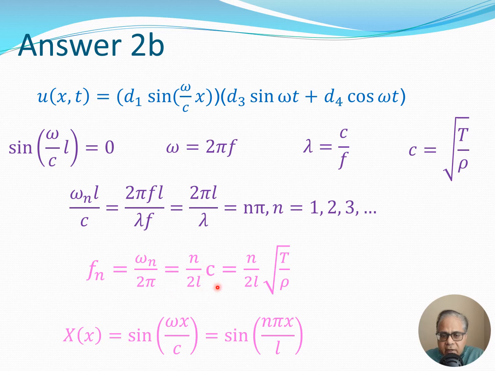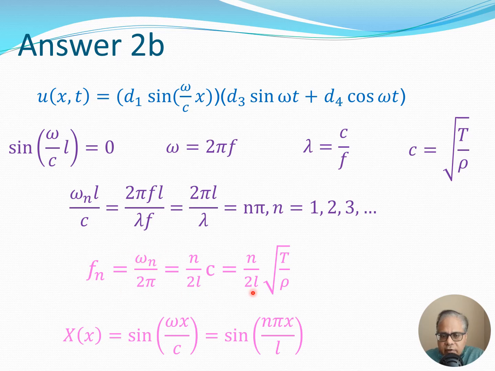And then I can immediately write this as n by 2L into root T by rho. So this is the natural frequency. If you calculate it using the proper units, then you are going to get the answer in hertz. And of course, as far as the radial frequency is concerned, that is going to be in radians per second.